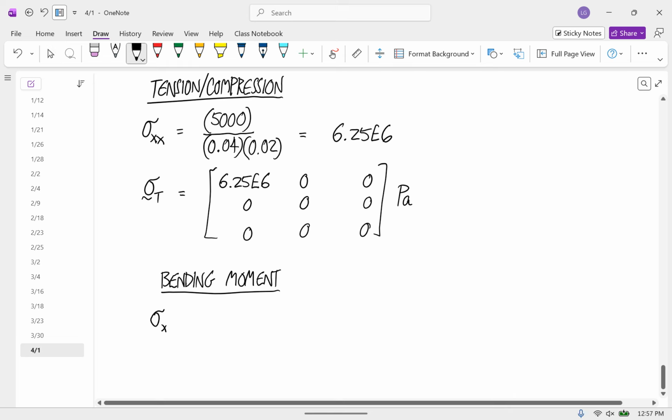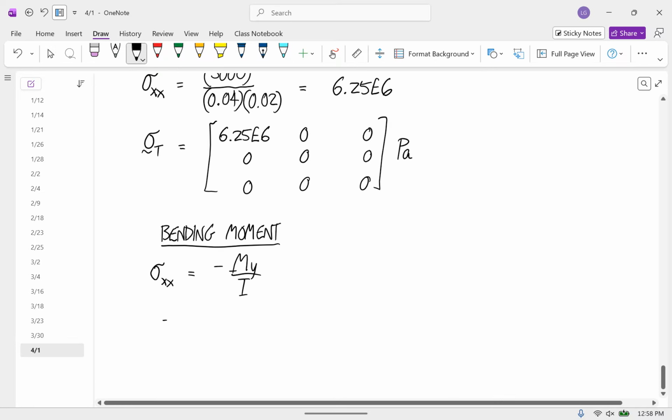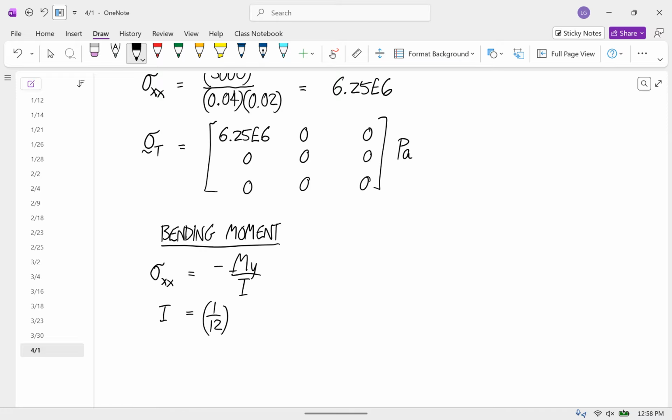Well, sigma xx is equal to negative My over I. I is equal to 1/12 times the base, which is 0.02, times the height cubed, so 0.04 cubed, so that is 1.0667 times 10 to the minus 7. And this is meters to the fourth.